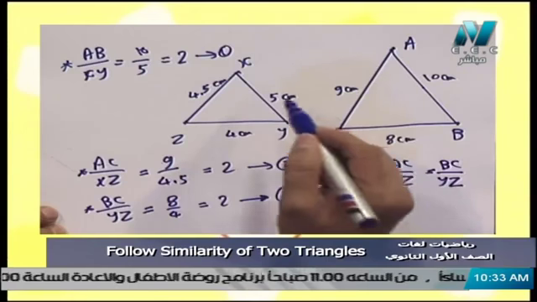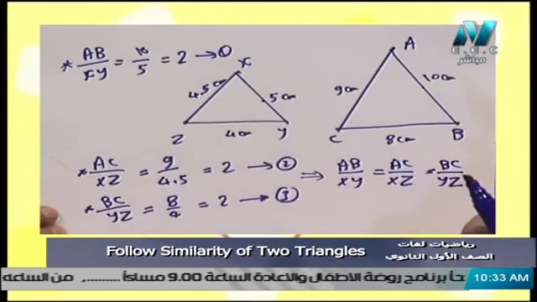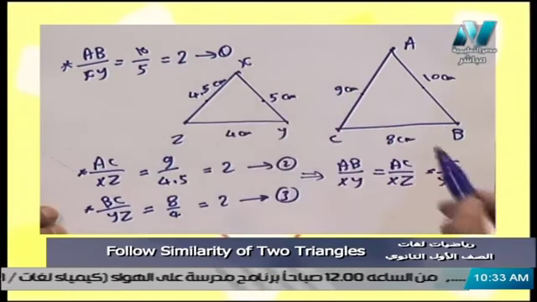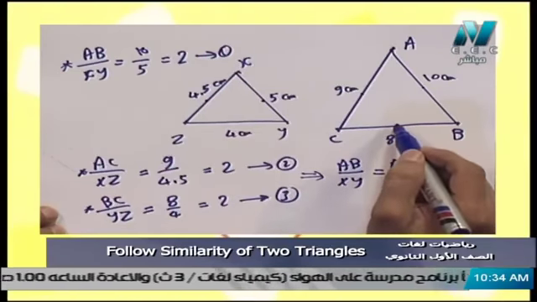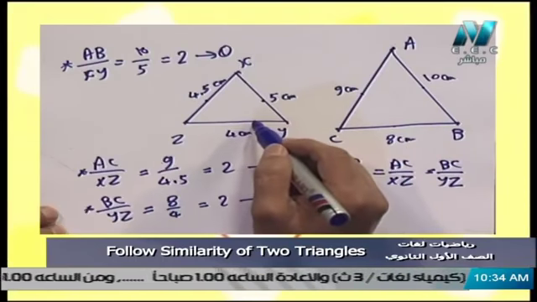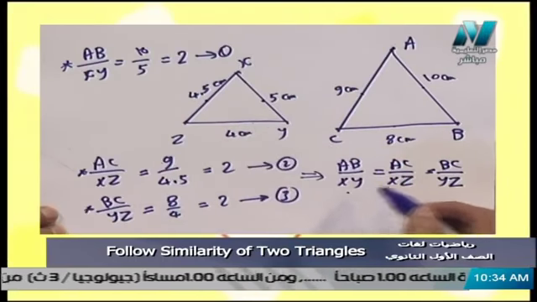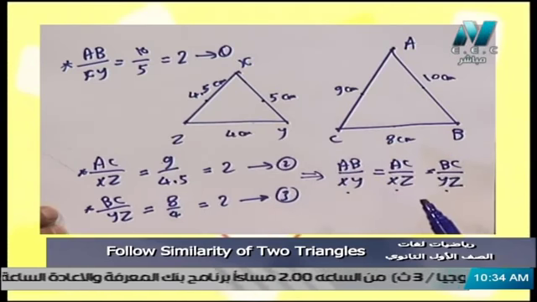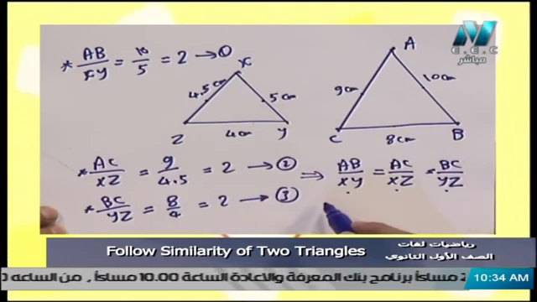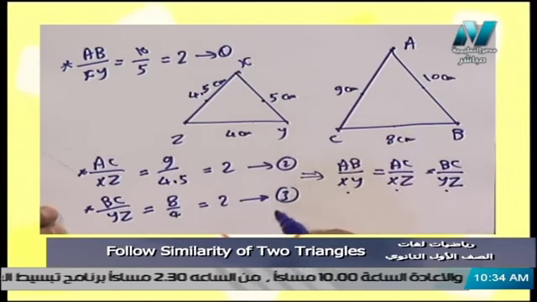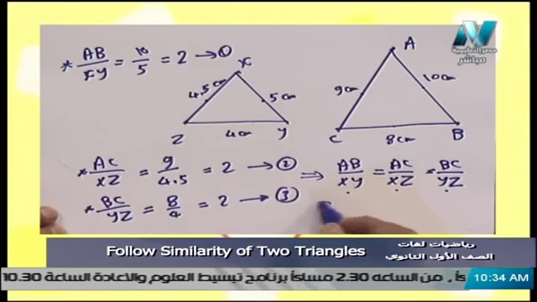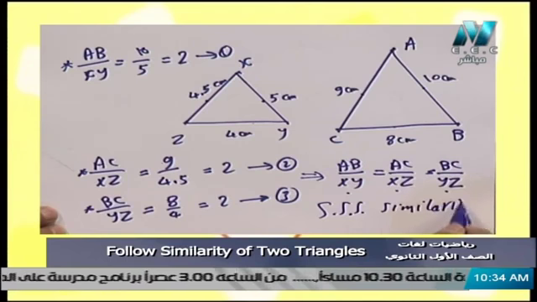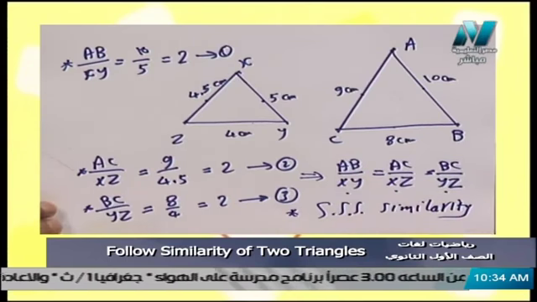This side over this side makes a ratio equal to this side over this side, which equals the other ratio, and BC over YZ is the third ratio, and these three ratios are equal, so the corresponding sides are proportional. So we can say that the two triangles are similar because of SSS similarity, which is the second case of similarity.